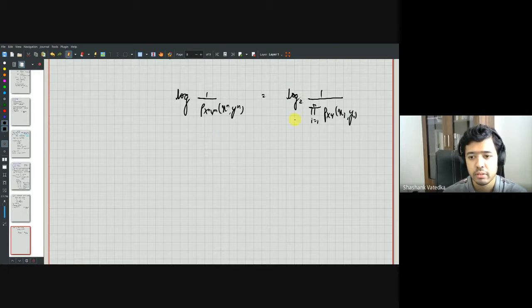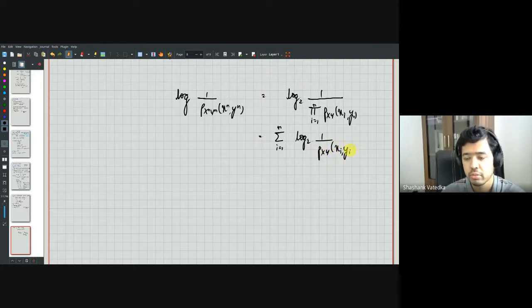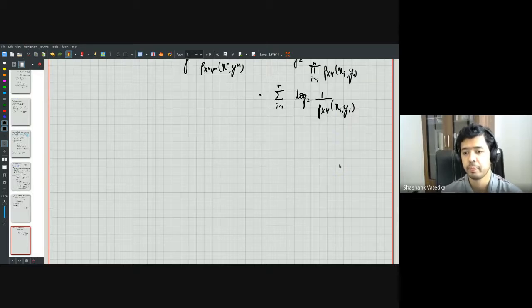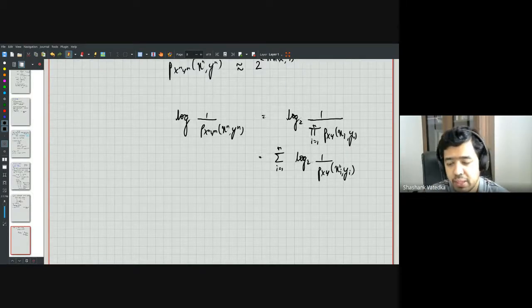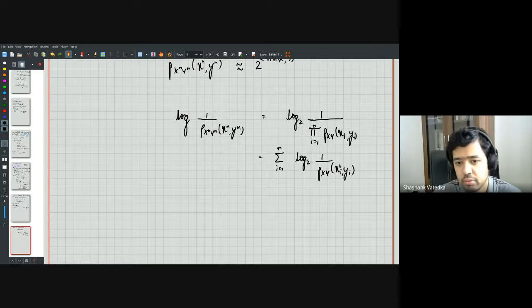All right. But this is just the log of a product, so I can write this as the summation, i going from 1 through n, of log of 1 over p x y of x i comma y i. Okay, so right now all I've done is write log 1 over p x n y n in this form.